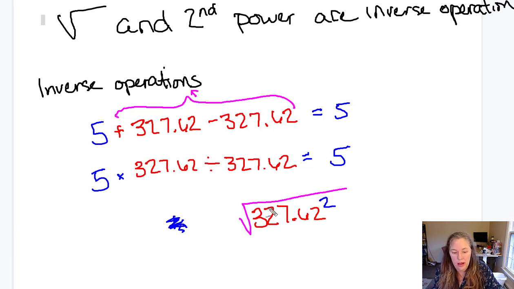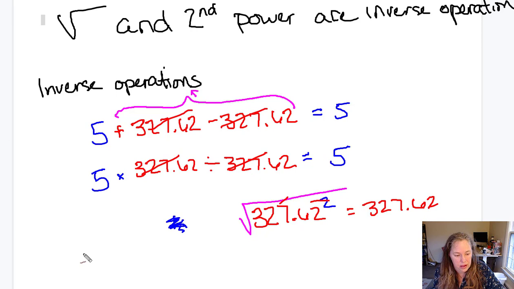If you square it and take the square root of it, you are going to get that number. Just like plus and minus cancel each other out, times and divide cancel each other out, square and square root cancel each other out, and the answer here is just 327.62.